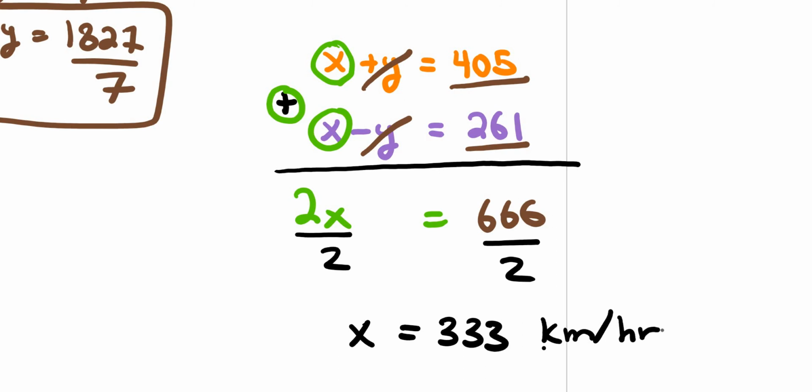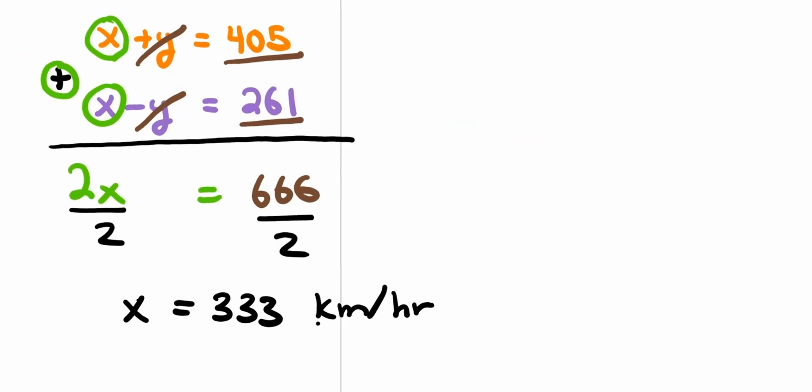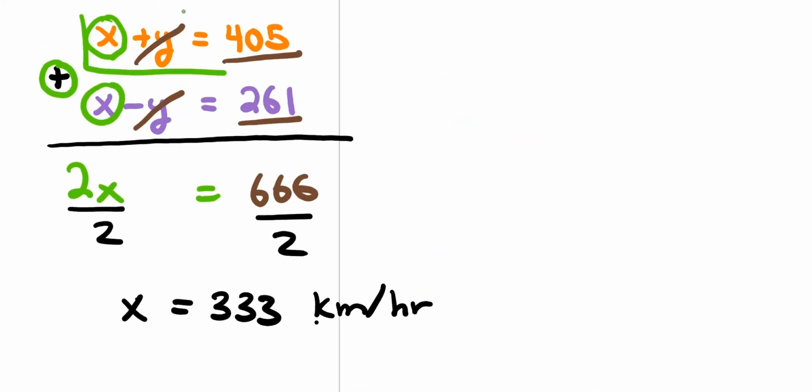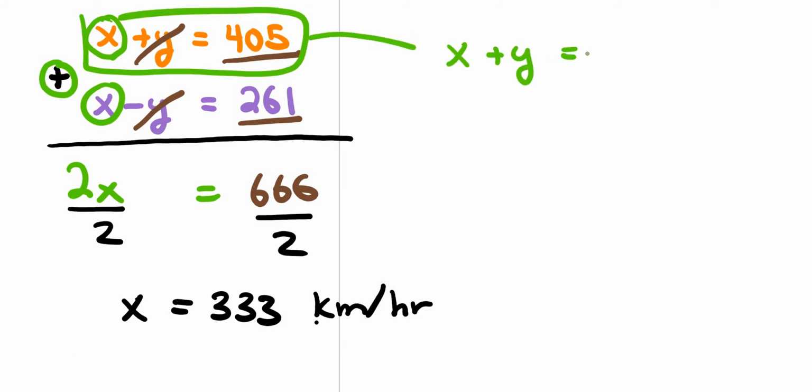And then I guess you also have to find the speed of the wind. Okay, so let's go ahead and find the speed of the wind now. And I guess I can go back to this equation right here. We know that x plus y is 405. I know x here is 333.